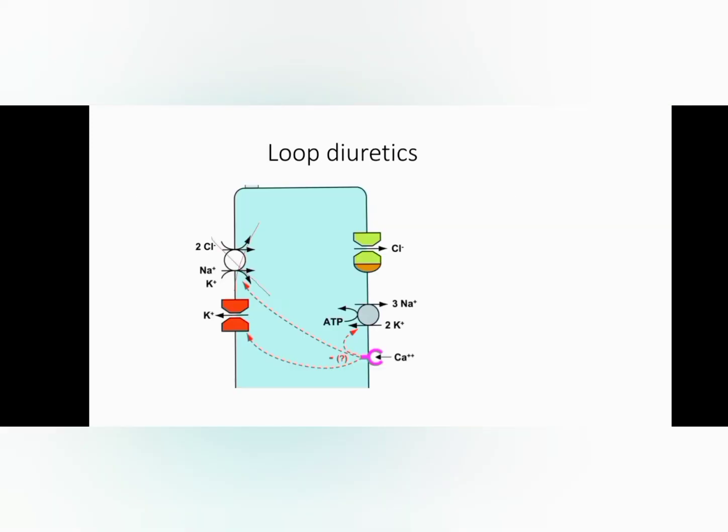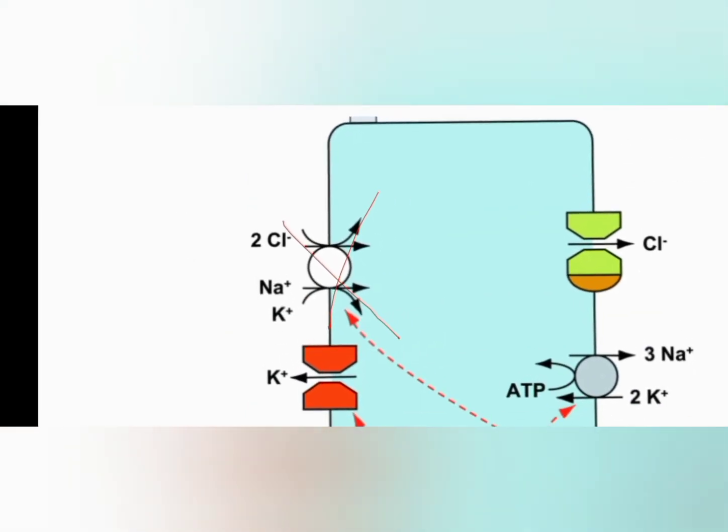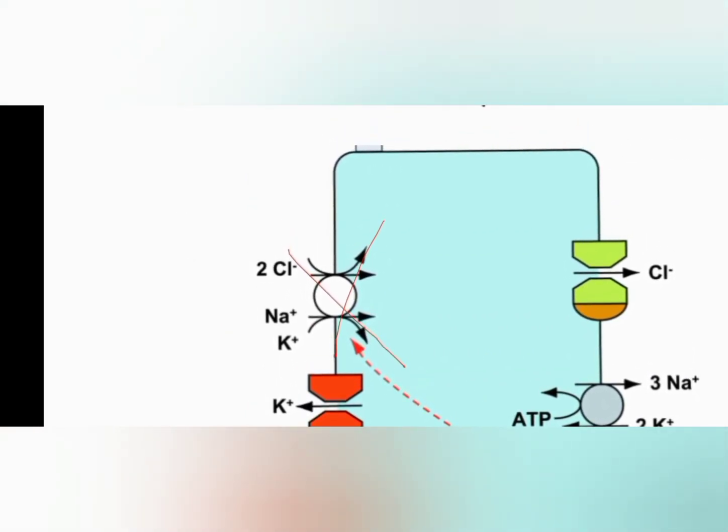Loop diuretics. Before discussing loop diuretics, here I will discuss one important pump. This pump reabsorbs sodium, potassium, and chloride from the urine in the loop of Henle of the kidney. When these ions are reabsorbed, the loop of Henle will become hypertonic, and it will cause diffusion of water back, which will increase body fluids.